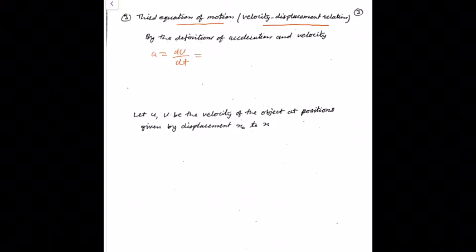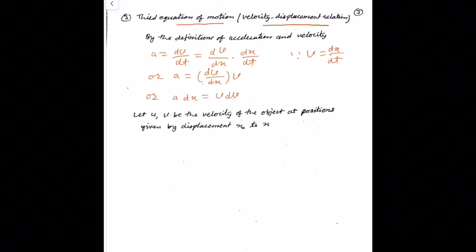Divide dx and multiply dx, means dv upon dx into dx upon dt, since v equal to dx upon dt, or a equal to dv upon dx into v, or a dx is equal to v dv. It is equation 6.